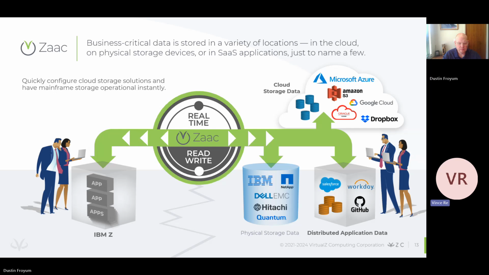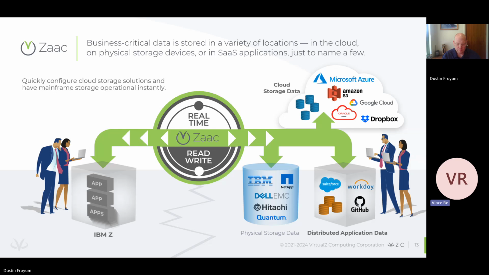The problem we saw is that mainframes never really participated in that, mostly because the mainframe has a weird and very unique I/O architecture. So the way to think about Zach at a high level is that's what we've done.